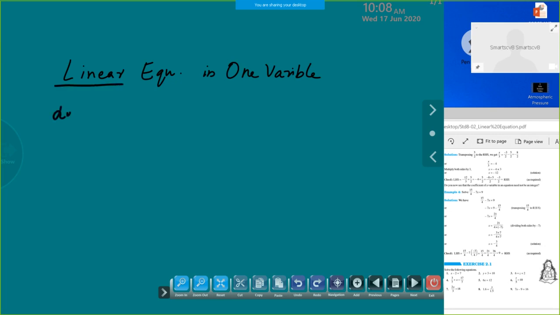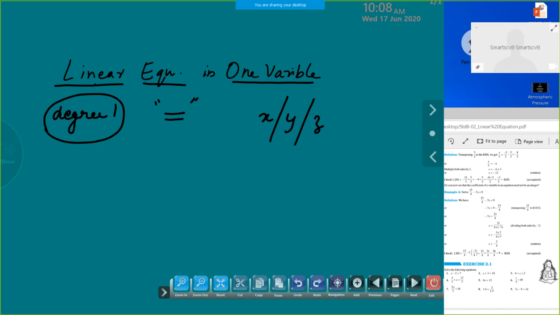Linear means degree 1. Equation means any expression having an equal to sign. One variable means either x or y or z or any variable which you have learned in the earlier classes. So any expression having degree 1 is known as a linear expression.